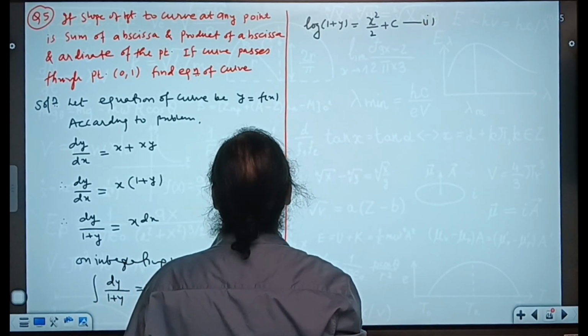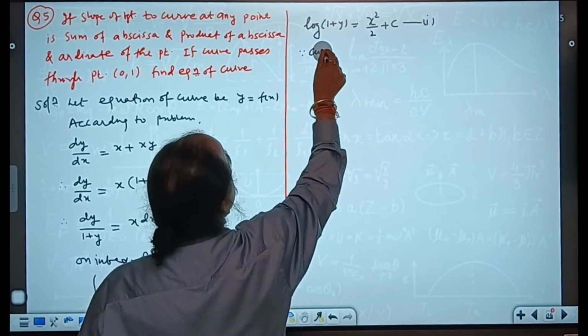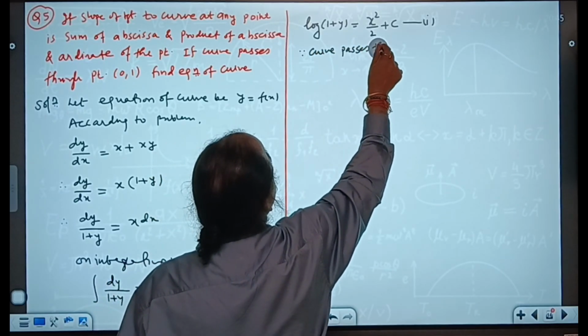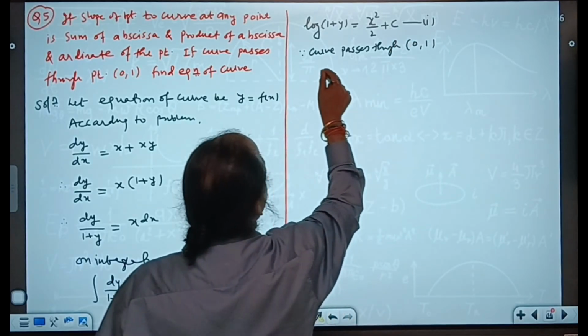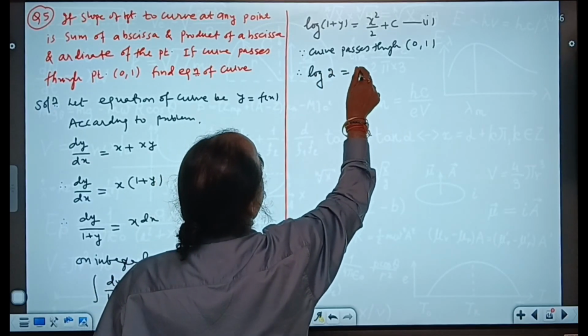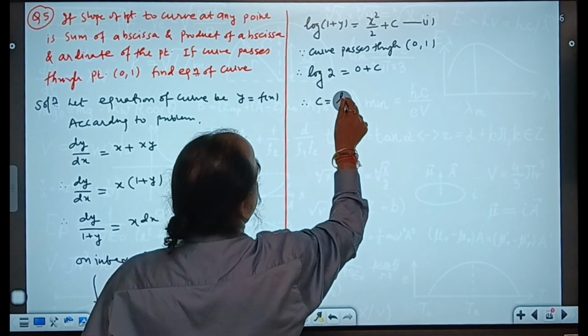Since the curve passes through 0, 1, therefore log 2 is equal to 0 plus c. So c is log 2.